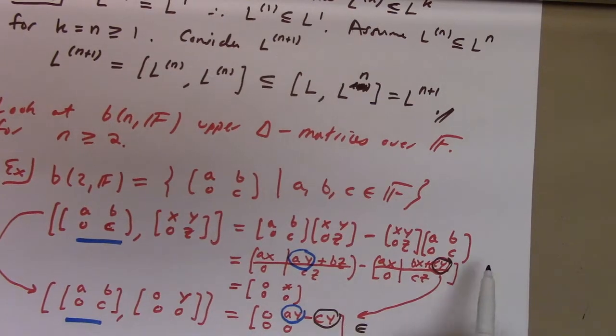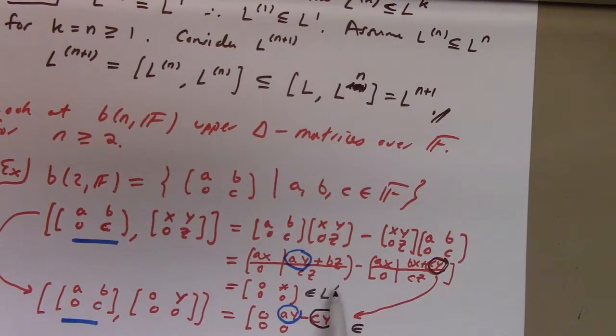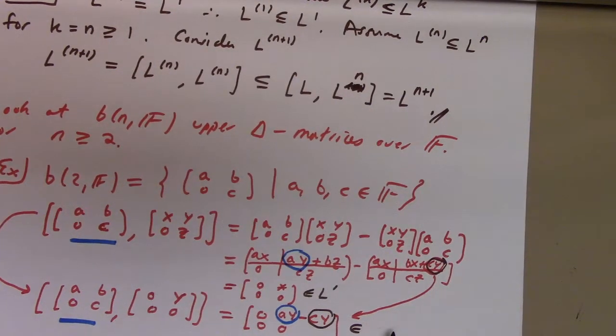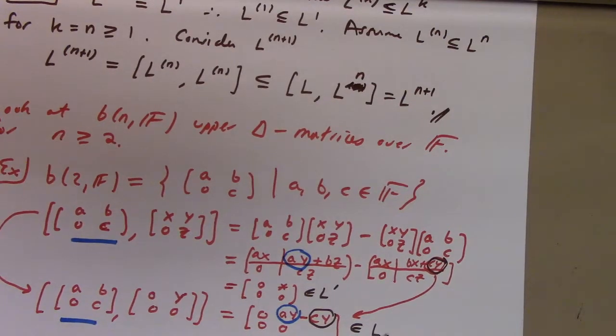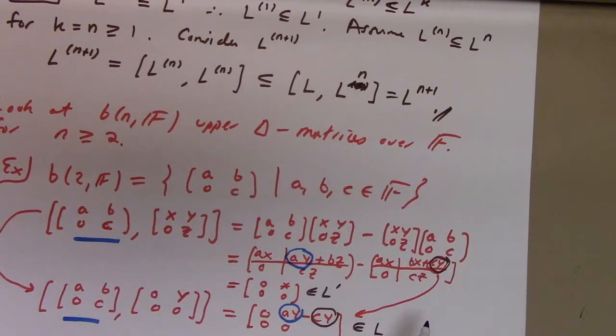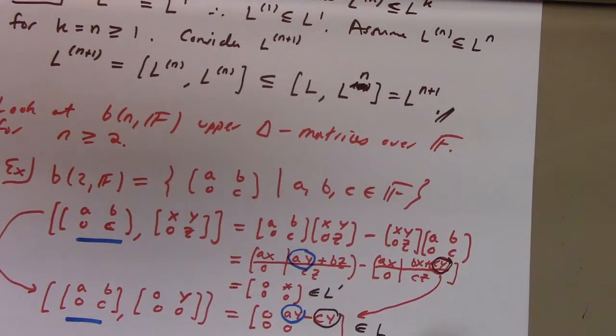So this is a typical element of the derived series, right? And so this is L. Well, this is the derived series again.